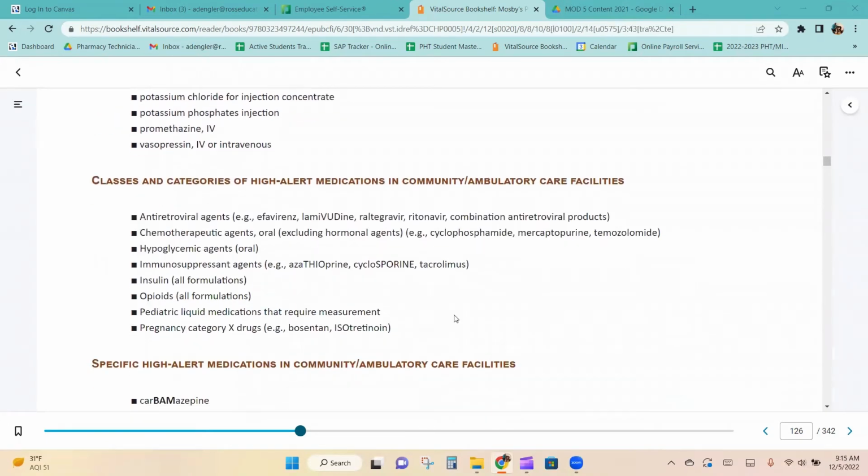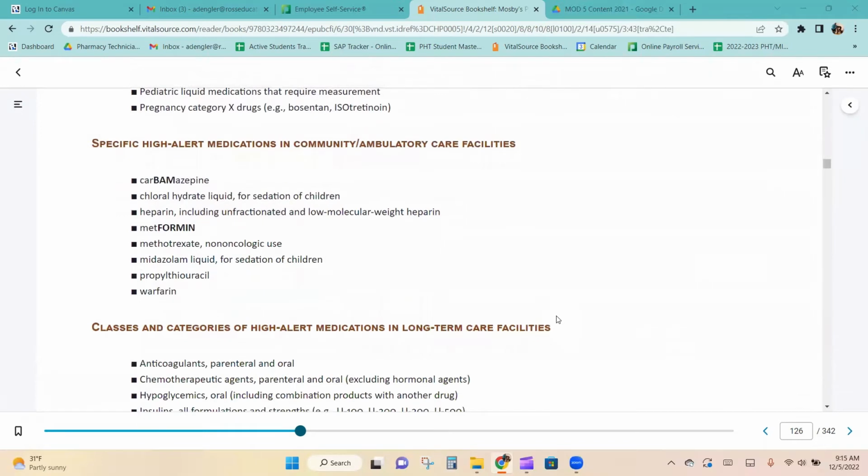Classes and categories of high alert medications in community ambulatory care pharmacies: antiretroviral agents, so HIV and AIDS medications, oral chemotherapeutic agents, excluding hormonal agents, hypoglycemic agents, immunosuppressants, insulin, opioids, pediatric liquid medications that require measurement, and pregnancy category X drugs.